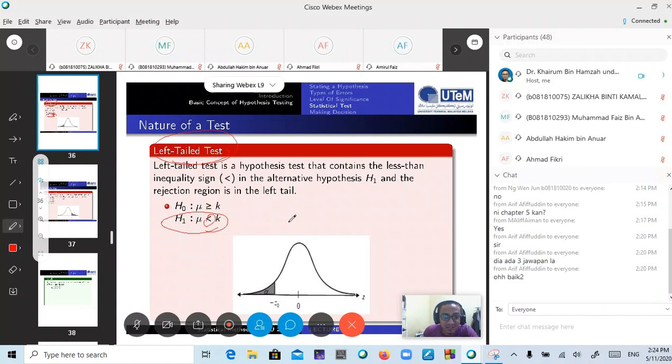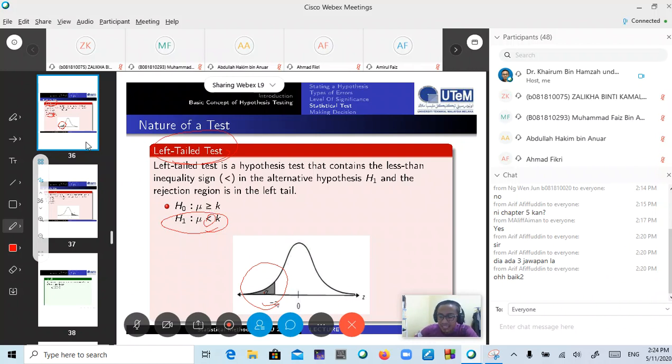Left tail test, and then your rejection region is on the left hand side of the bell shape. So that means here is a negative value. Bila your Z calculation nanti letak terduduk dekat left tail here, so kita akan reject H0. Kalau dia duduk dekat sini, fail to reject H0.